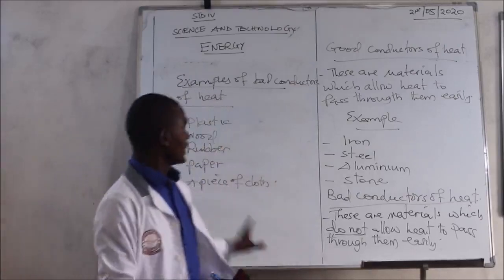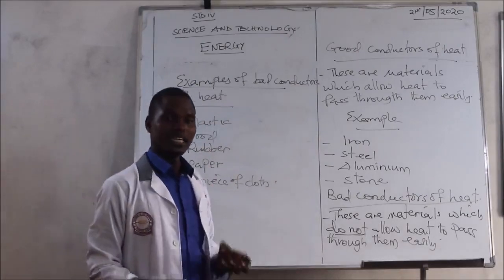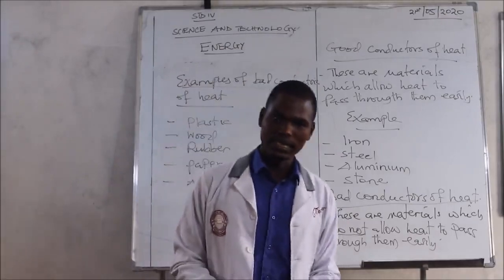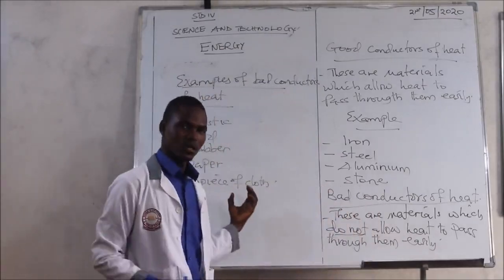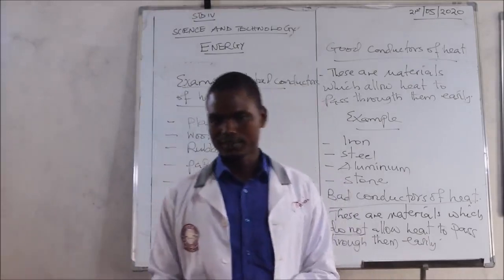The list of examples that I've given here are materials which do not allow heat to pass through them easily. These things help us prevent ourselves from burning.